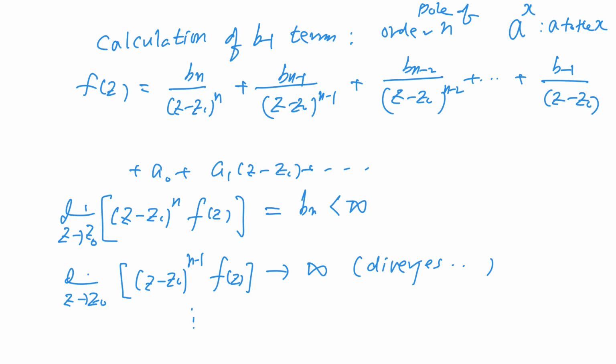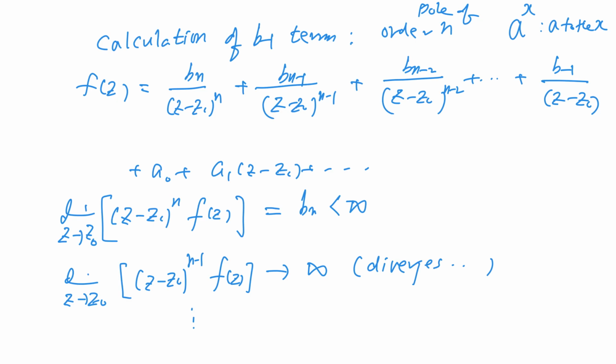So in this case, we know that if we multiply by (z minus c naught) to the n and take the limit, then the whole function is finite. But if you take a lower power of z minus c naught, like n minus 1, and it diverges, then we say the highest power is the order of the pole.